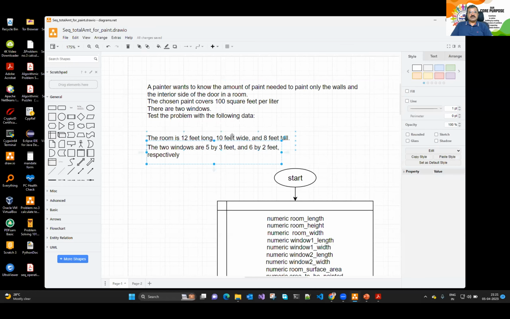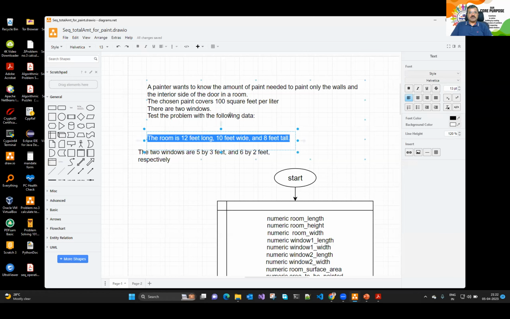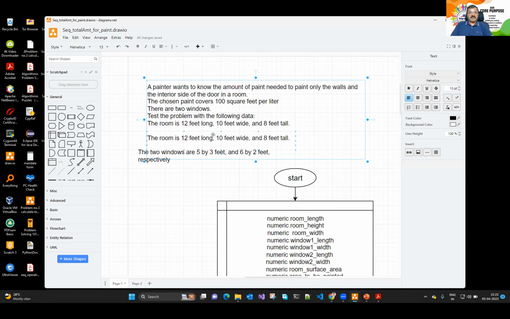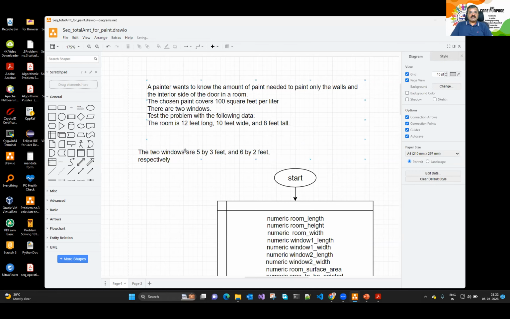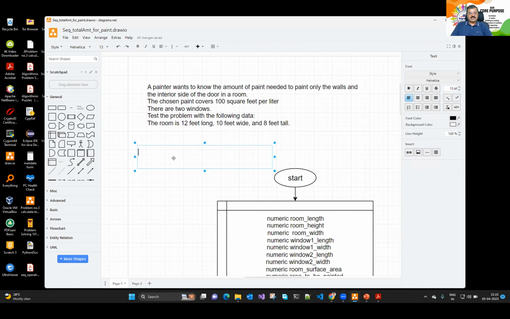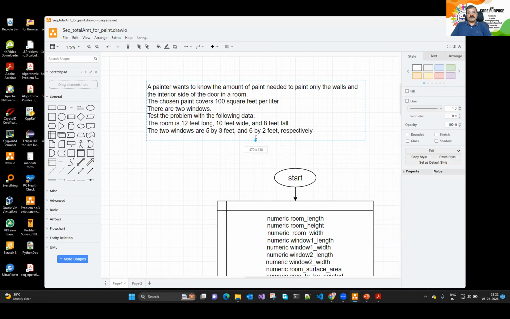So that was just a dry run. So you shouldn't have initialized the variables with these values. These are just sample values given to test whether your solution is correct. Nothing more than that. This was only test data, not something to be used to initialize the variables.